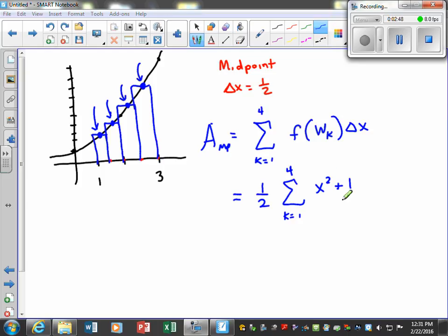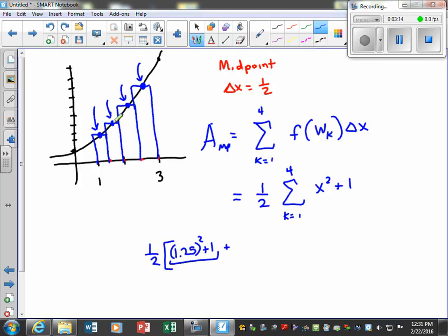Our function is still x squared plus 1, so we pull our 1/2 out. And our very first term we evaluate, if this is 1 and this is 1.5, what's the middle of 1 and 1.5? 1.25, good. So it's 1.25 squared plus 1. This is our first term.